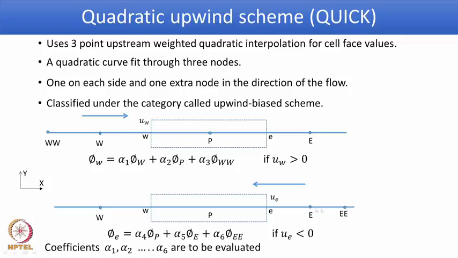Using these 3 nodal values, you can evaluate the variable value on this face ue. The corresponding expression is shown here, phi at e equal to alpha 4 phi at P plus alpha 5 phi at E plus alpha 6 phi at EE. Coefficients alpha 1 to alpha 6 are to be evaluated.